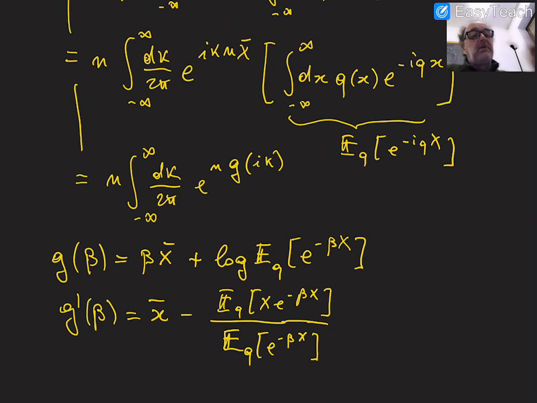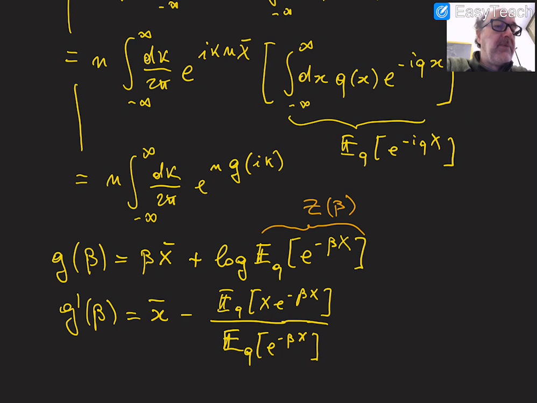Okay, now, first of all, you can recognize that this object here is exactly equivalent to the Z of beta that we defined before.